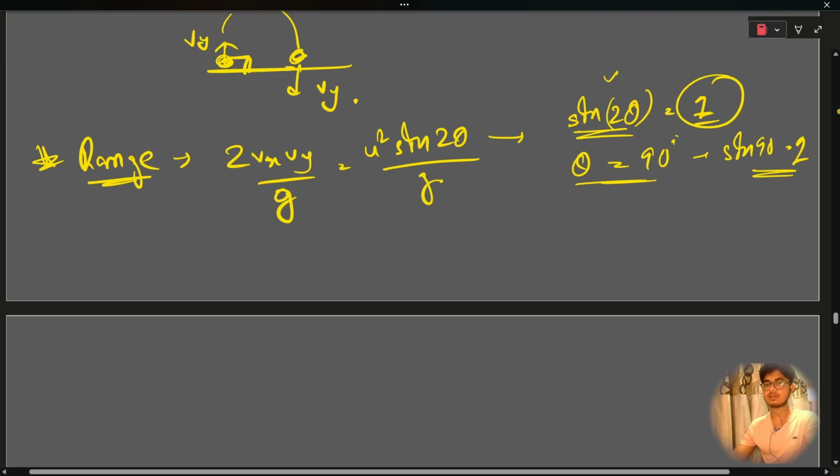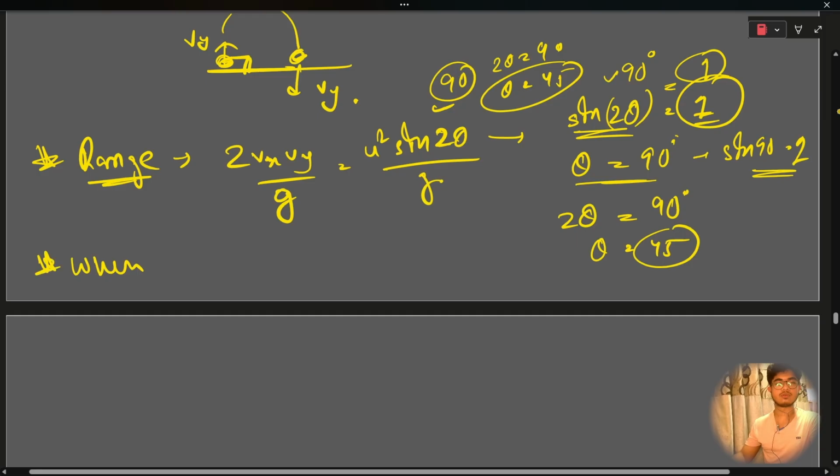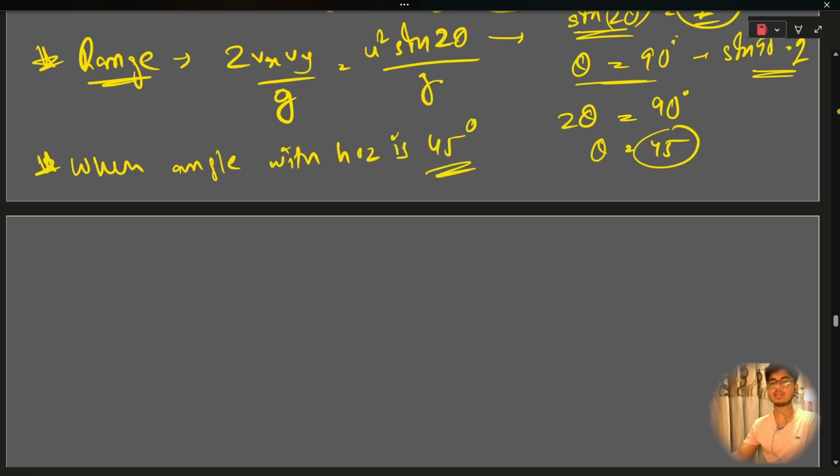For theta, it was 90. So when 2 theta is given, this also has to be 90 for the value to be 1. Or just logically think this value has to be 90. So it is 2 theta, so 2 theta equal to 90, theta equal to 45 degrees. Okay, so when the angle with horizontal is 45 degrees, the range is maximum.